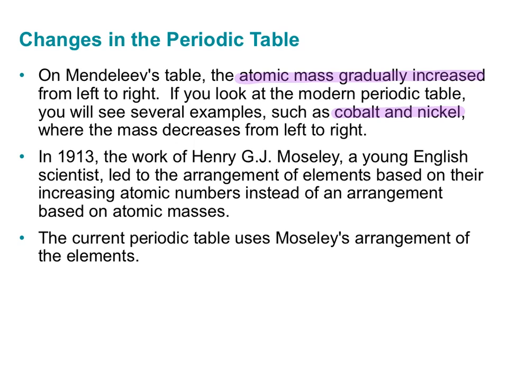In 1913, Henry Moseley, the other big periodic table scientist you need to know, cleared this up a little bit. The nucleus had been discovered within the 5 years before Moseley worked, and through some X-ray experiments, he was able to determine the charges of the different nuclei.